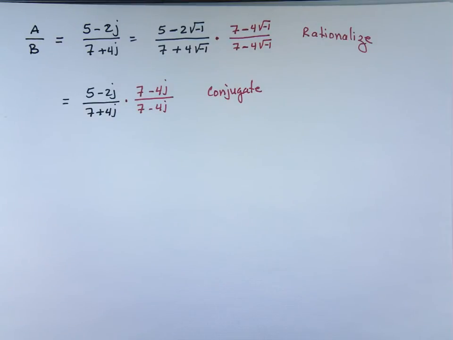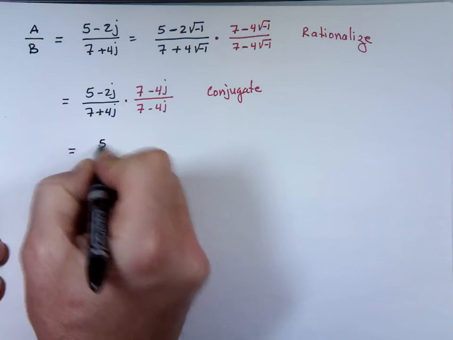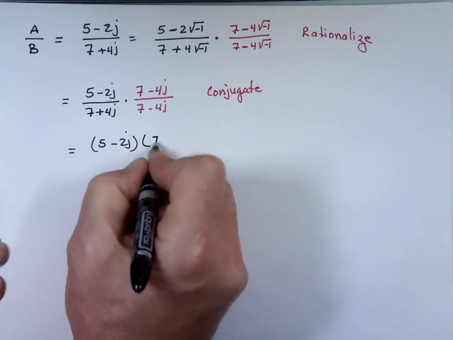And now we're going to do the FOIL method for each one. So 5 minus 2j. You'll see why we're switching the sign in a second.